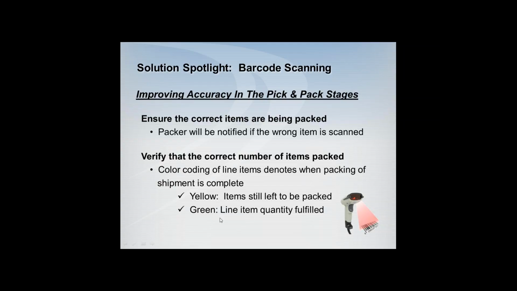And then when you've fulfilled the full quantity of that line item, it'll turn green, signifying that you're done with that particular line item. At the same token, if for some reason perhaps your picker picked the wrong item, they picked the navy blue shirt instead of the black, when you go to scan it, the line item will turn red, just as a note so that you don't go ahead and pack and ship the wrong item. You can go ahead and switch it on the spot.